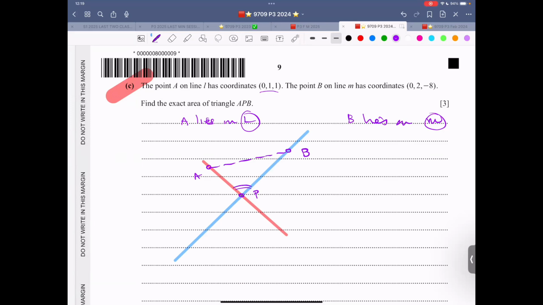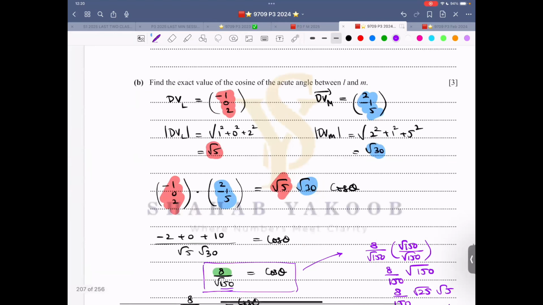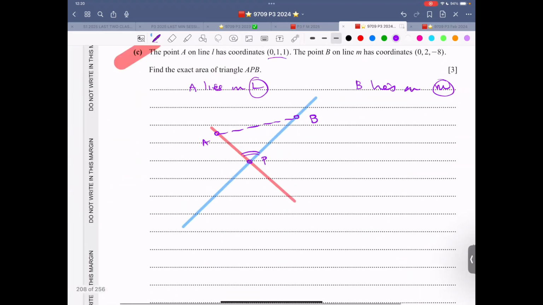So we have the cosine of this angle APB. We took two vectors, A is like line L and B is like line M, so we got this angle between the two lines. Of course, we have the cosine. We can find this distance and use the formula half AB sine C. Got the idea?